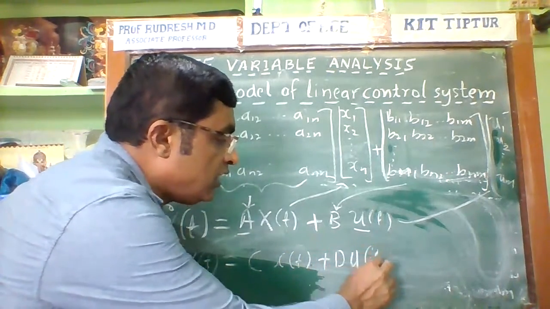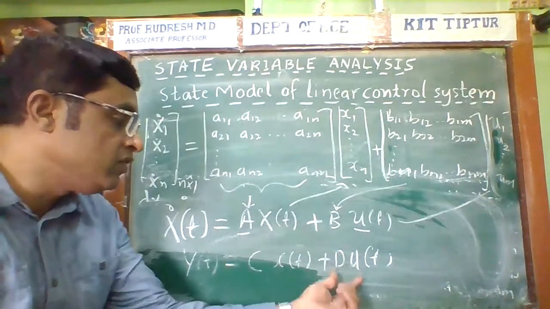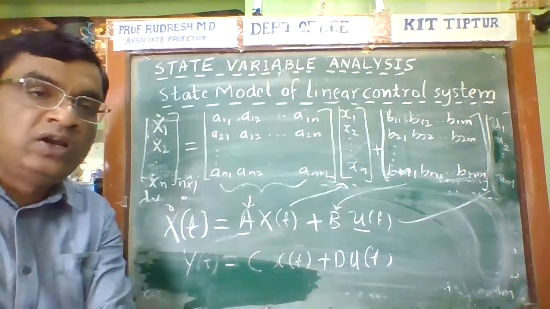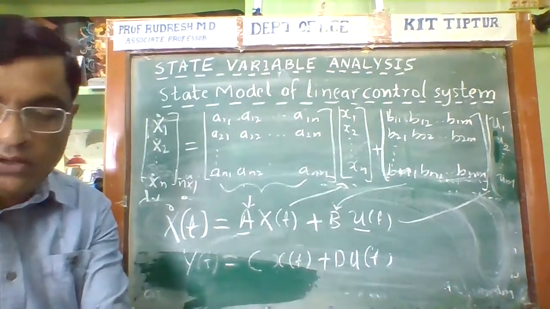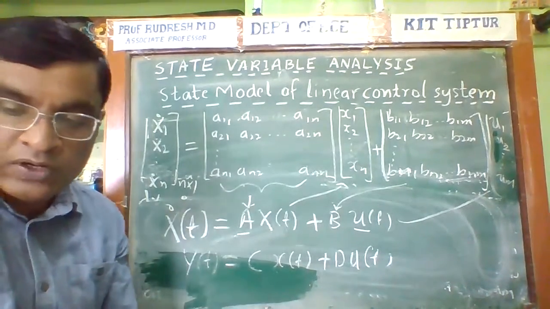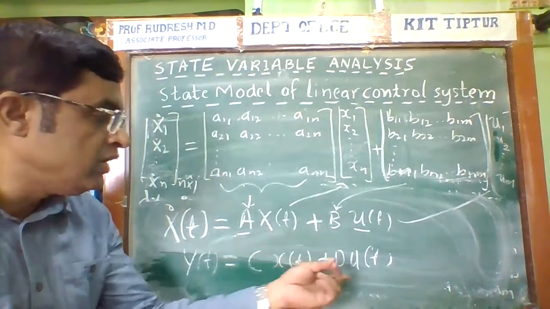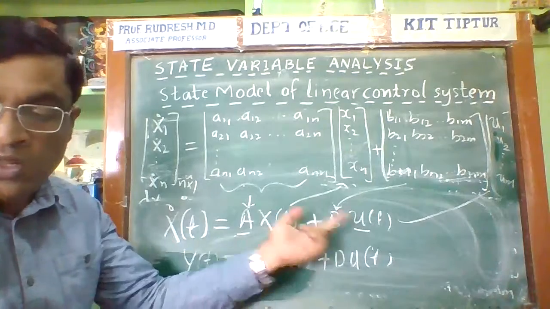Similarly, we can derive this also. Here C and D are output matrices, and the state vector is the same. It's not an input vector; U of t is the input vector. C and D are called the output matrices. A is the system matrix, and B is called the input matrix.